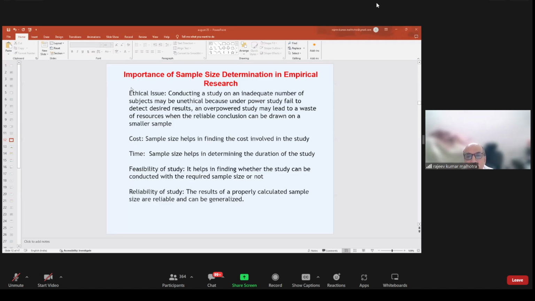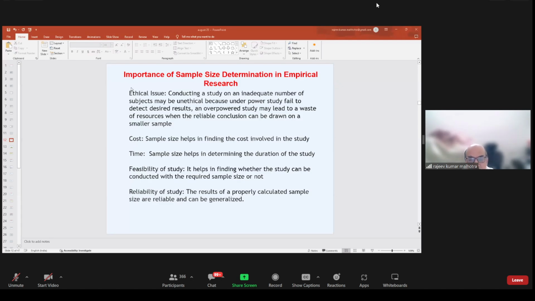Feasibility means if you calculate the sample size and find that it is not adequate for your study or you cannot achieve that sample size, then you either change your primary outcome or go for multi-centric trials. So the feasibility of the study you can find out by calculating the sample size.